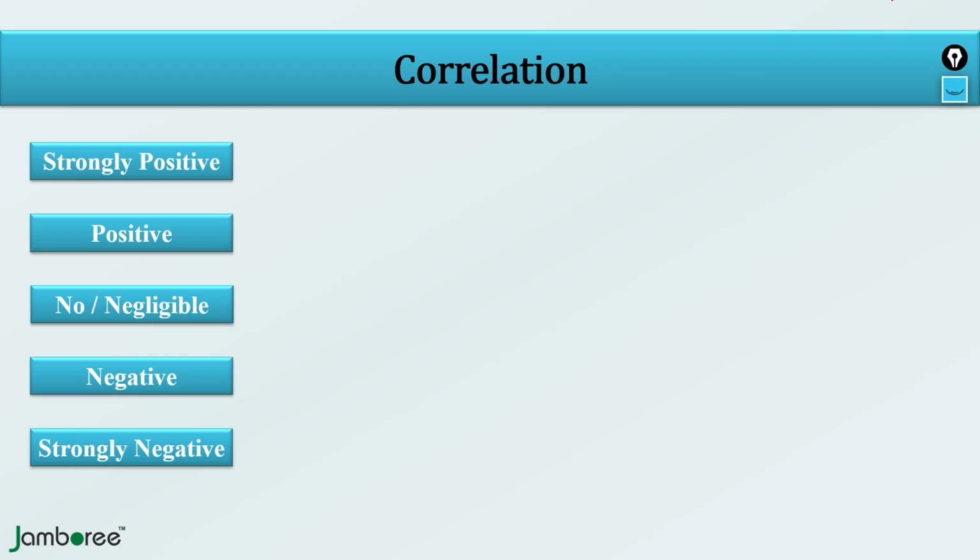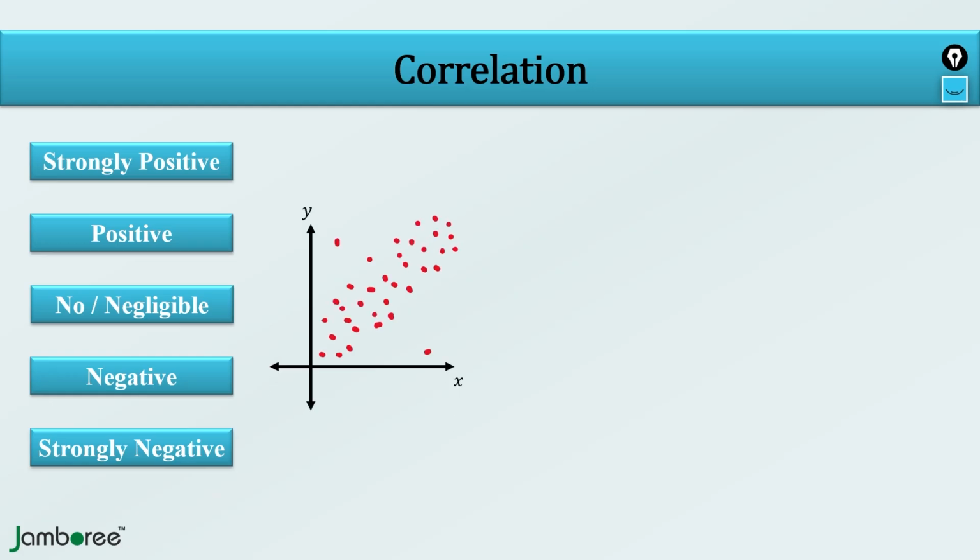By that I mean, suppose I am dealing with this scatter plot and we are asked about the correlation between x and y. Now, to comment on correlation, we will not consider 2 points or 10 points, but rather we need to consider the entire sentiment or the trend of the graph.